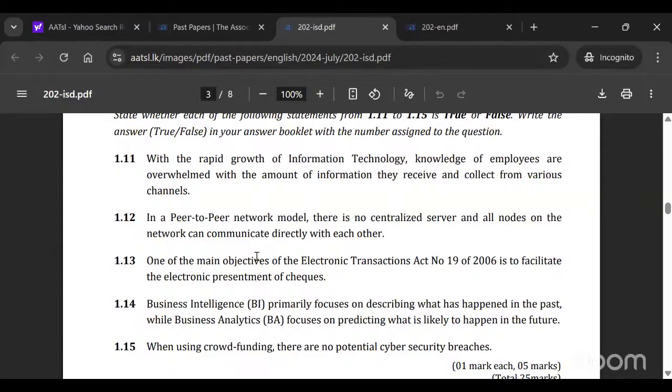Business analytics means analyzing available data, understanding particular shapes and relationships, and predicting future situations, right? There are different data analysis methods, right?